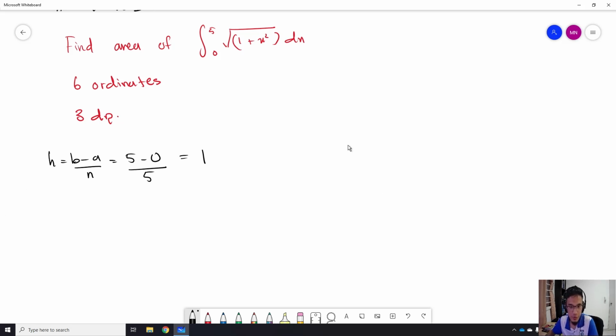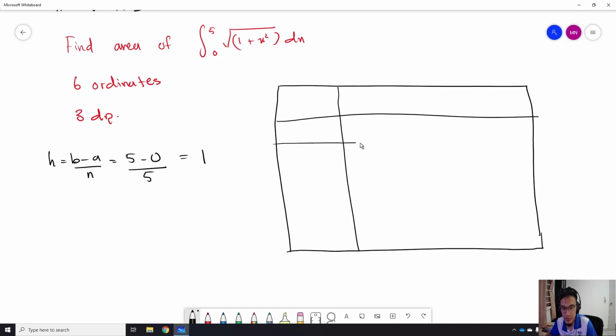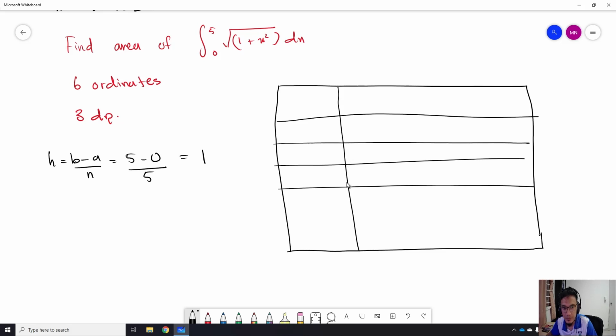Now I want to show you how to use the table. So this is the column for the value of x and the value of y.